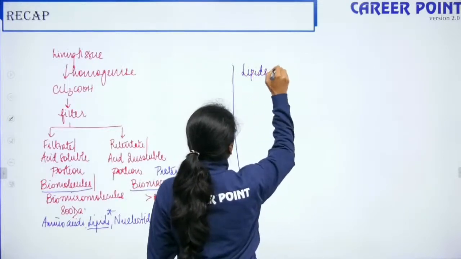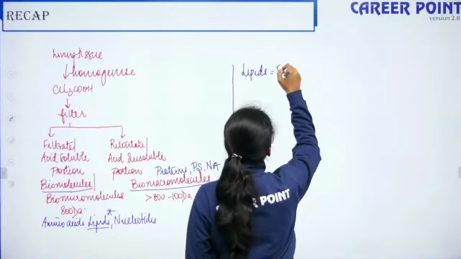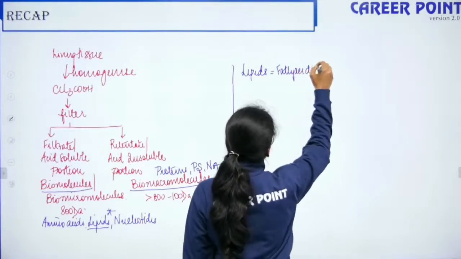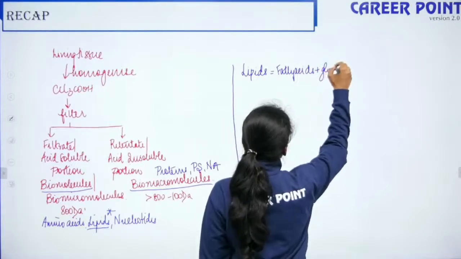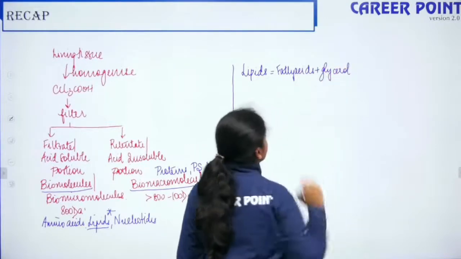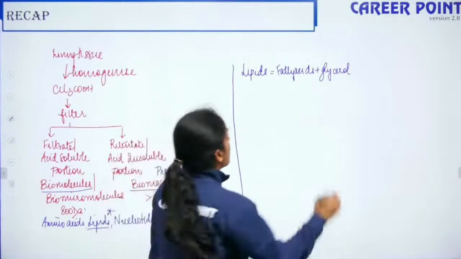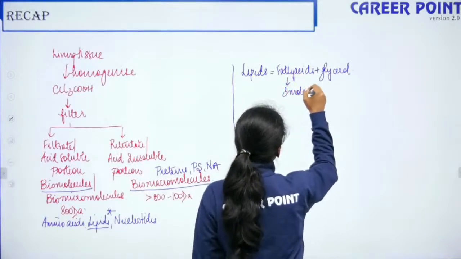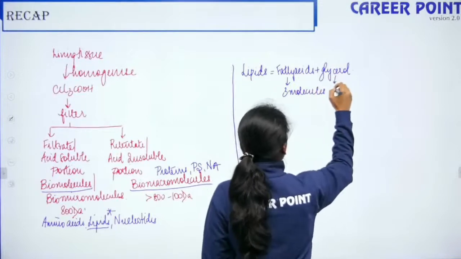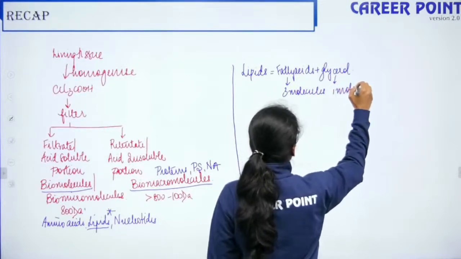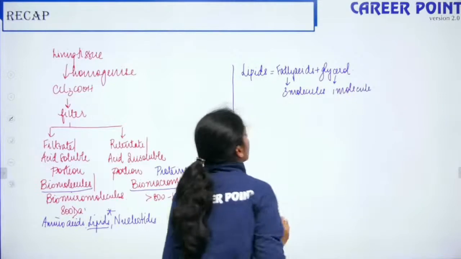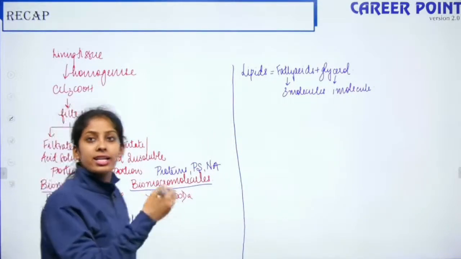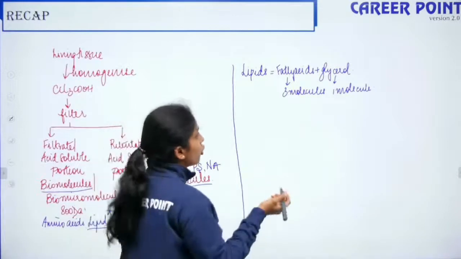If you remember, we spoke of the composition of lipids to be fatty acids and glycerol. There can be 3 molecules of fatty acids and one molecule of glycerol. Fatty acids are organic molecules with the R group. So it can be a triglyceride, diglyceride, or monoglyceride.